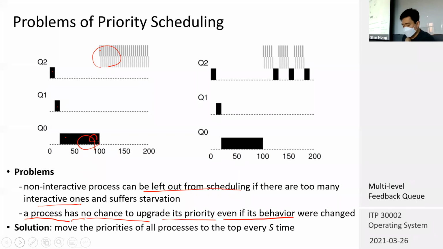The first solution, the strong way to avoid these two problems, is this: theoretically, there is a period S that is far larger than the time slice, and every S time, which is a pretty long period, it just moves all the processes in the different queues to the top priority queue.